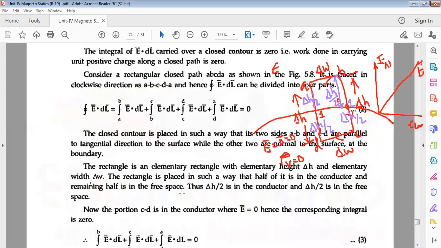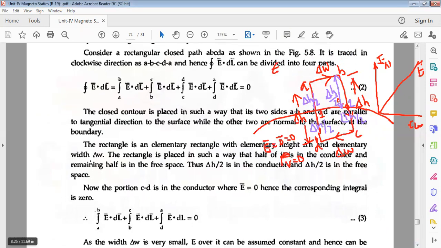Now, the portion CD is in the conductor, so E bar is equal to 0. So of all the total 4 integrals, A to B, B to C, and C to D, the third integral, C to D E bar dot DL bar, is totally in the conductor. So in the conductor, E bar is equal to 0.